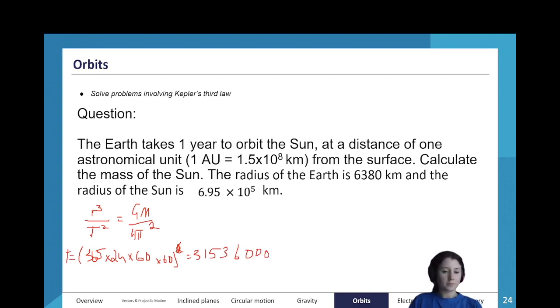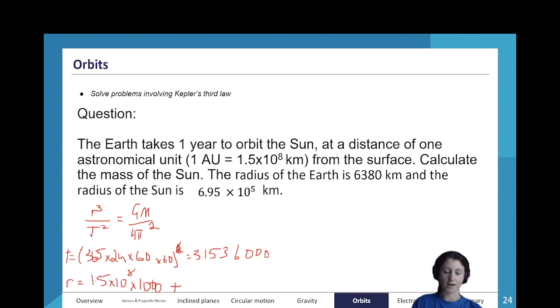So now the radius, so they are 1.5 times 10 to the 8 kilometers from the surface. Alright, so the radius between them is going to be firstly 1.5 times 10 to the 8 in meters. So we're going to multiply this by 1,000.